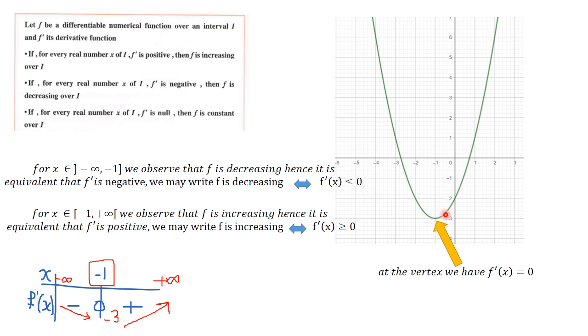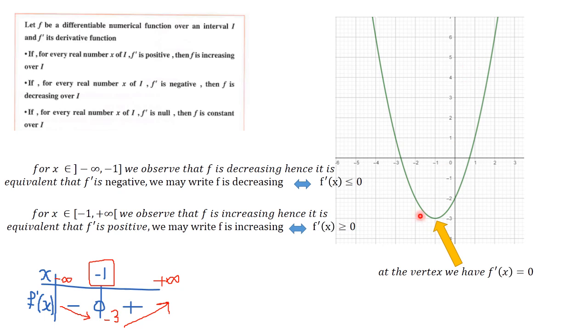So till now we know that from minus infinity to minus 1, the function is decreasing, then the derivative is negative, and from minus 1 till plus infinity, the function is increasing, then the derivative is positive. If you look here at the table of variation, we have minus 1 as a root for the derivative.